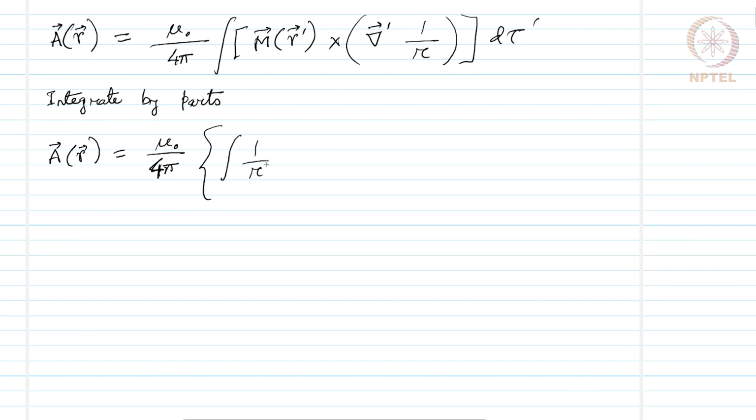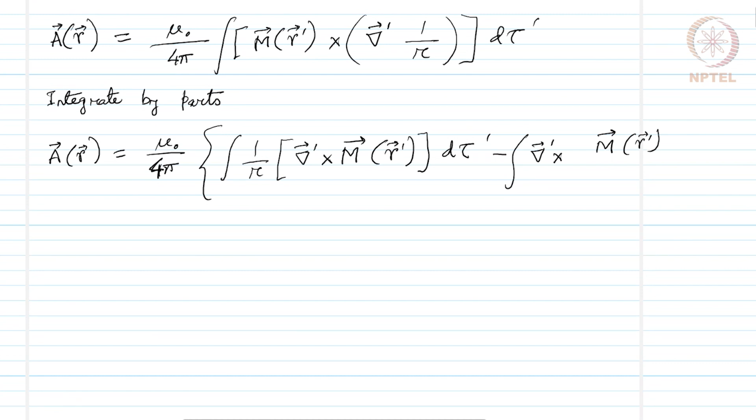integration 1 over r, del prime cross, that is curl of the magnetization, that is a function of r prime, integrated over d tau prime, minus integration del prime cross M, that is a function of r prime, over curly r, curl of this vector integrated over d tau prime.